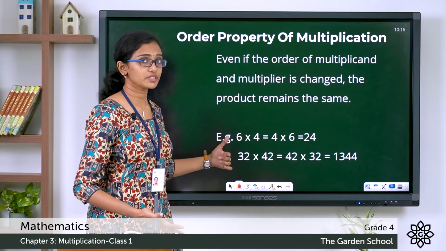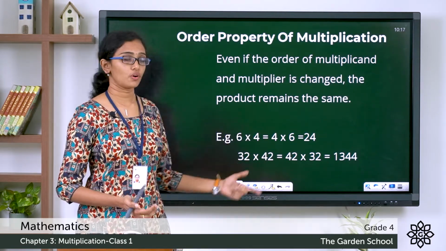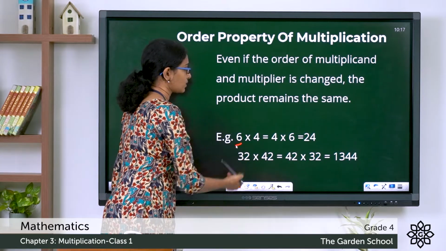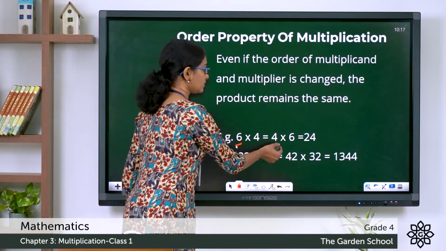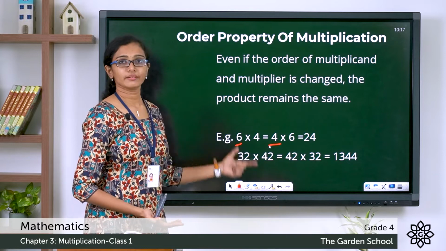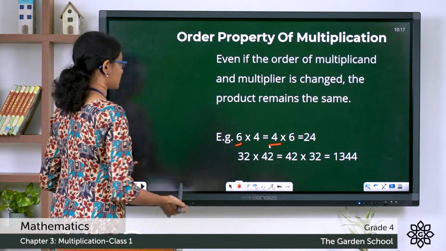What about 4 times 6 or 4 into 6? It's the same product. It is also 24. So in these two cases, the only difference is that here the number 6 is added 4 times, whereas in this case the number 4 is added 6 times. In either way, the product remains the same. So that's the order property of multiplication.